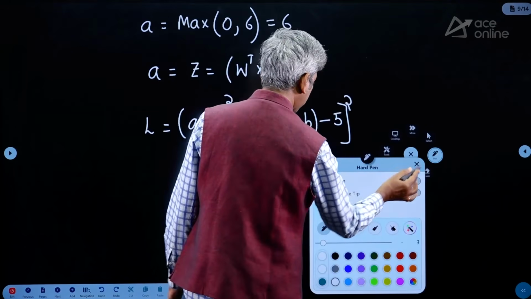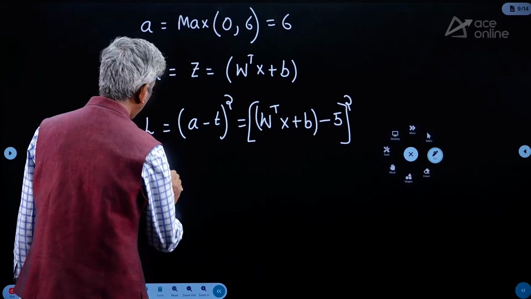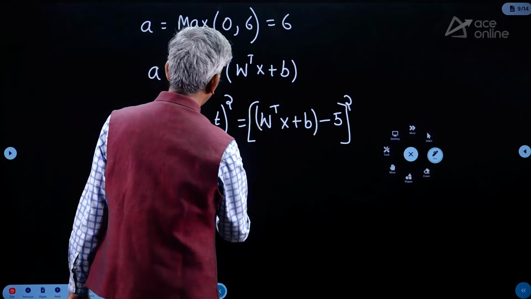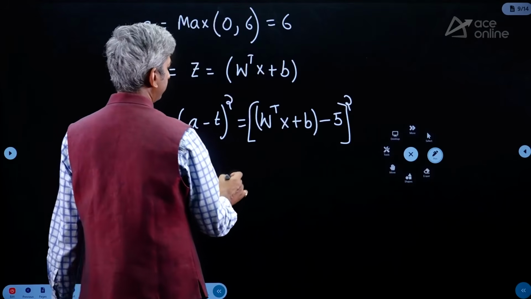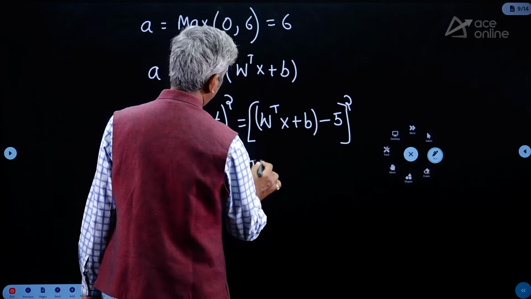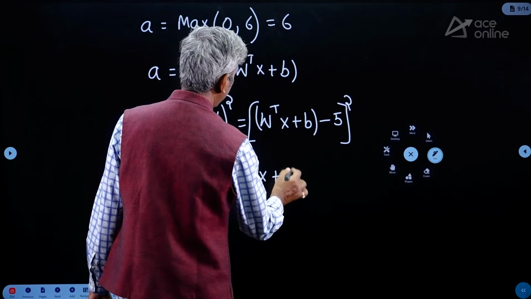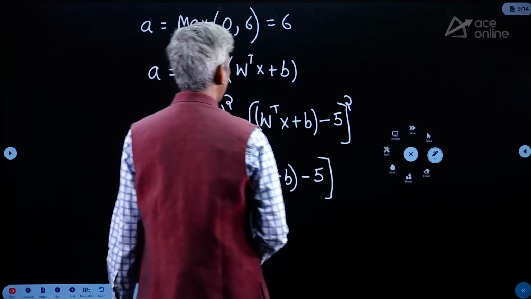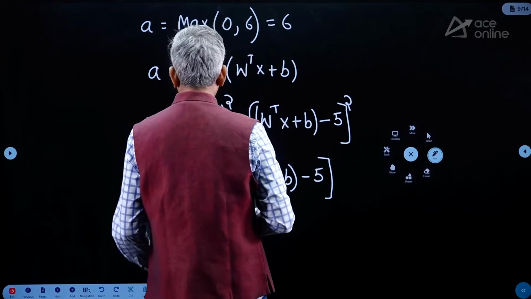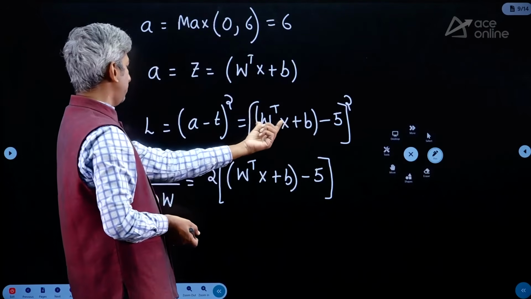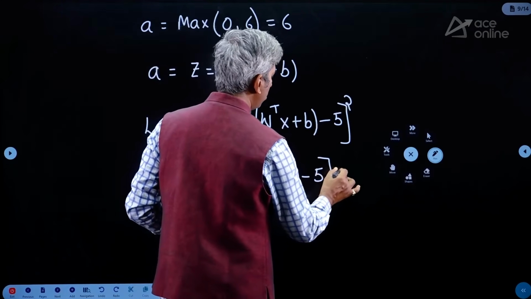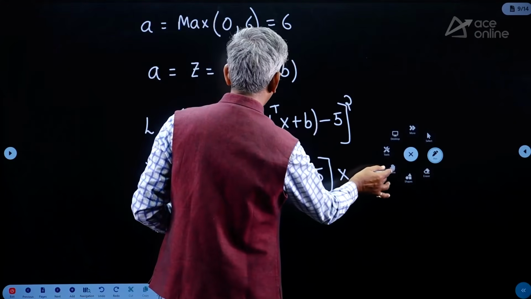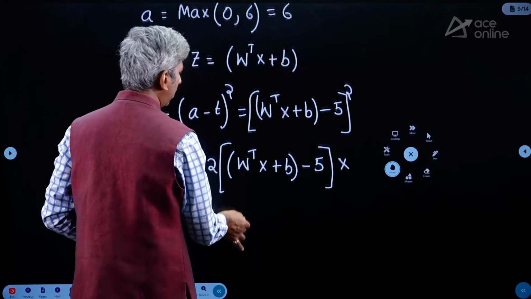Now, according to this, we need dou L by dou W. So that is equal to 2 times W transpose X plus B minus 5, multiplied with, for W transpose X, because it is with respect to W, it gives multiplied with X. W transpose X plus B is nothing but your Z value, or your A value.